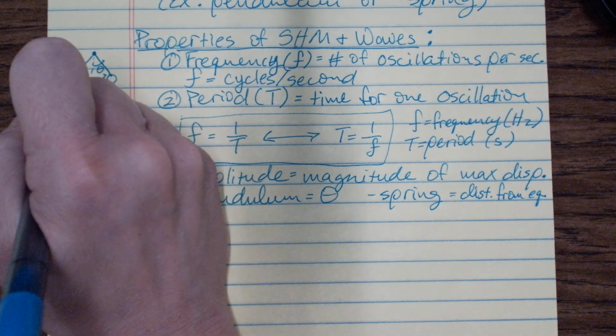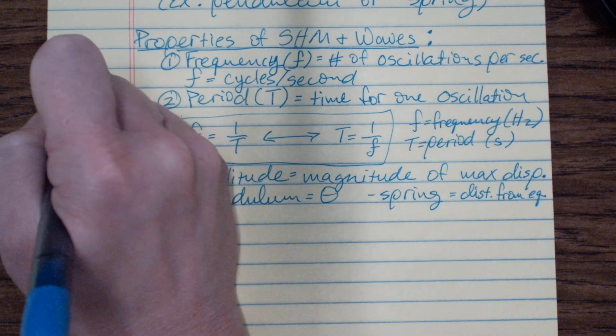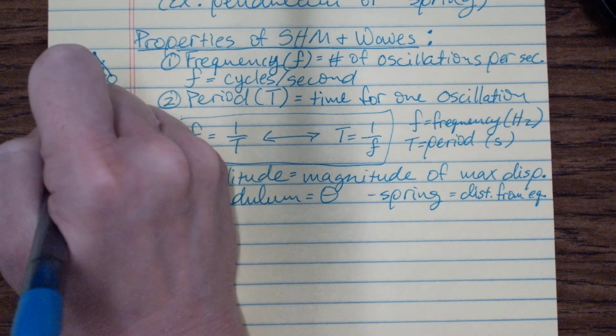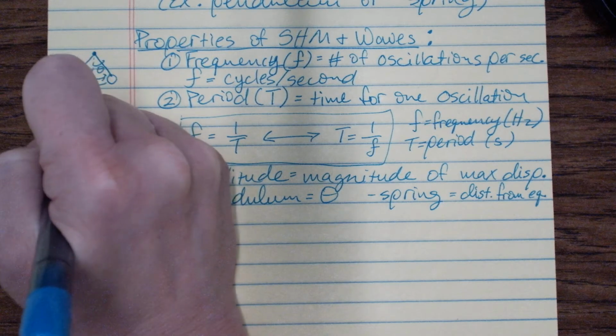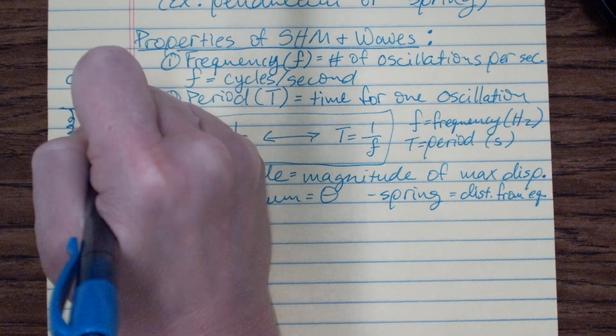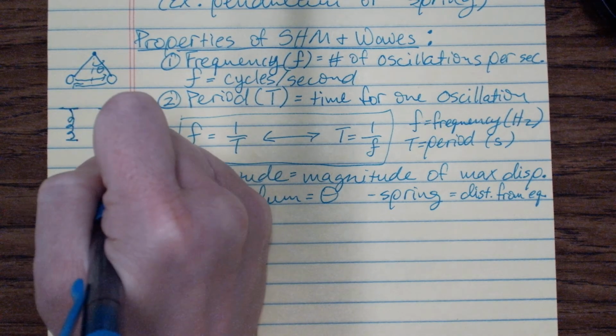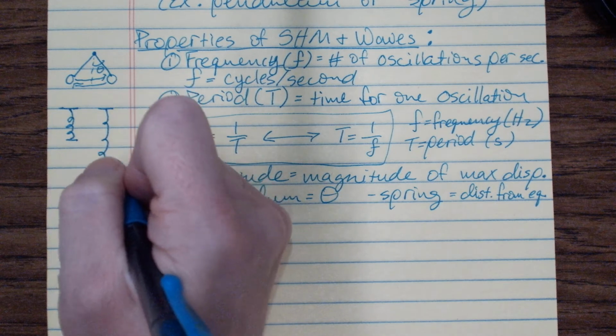Maybe I'm pulling it. So here's a ceiling, and here's my spring when it's relaxed, and here's my spring when I've stretched it because I hung something from it that has some mass to it.